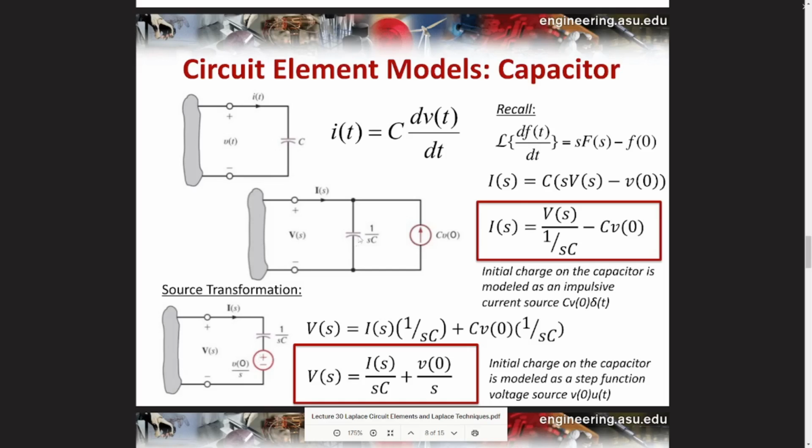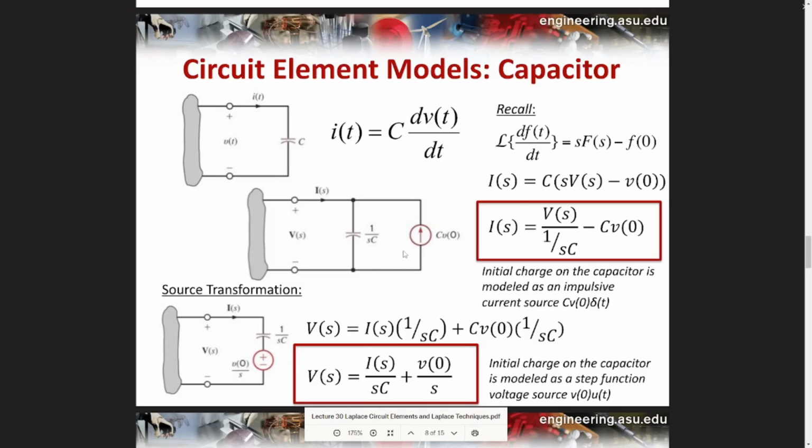And so it shouldn't really be too surprising that if you take a parallel current source and impedance, that's equivalent to a series voltage source and impedance just by source transformation. And algebraically, rearranging the equations leads us to that conclusion as well. So there's a little bit of semi-finicky math here, but the ultimate result is you can either draw the S-domain version of a capacitor in a series configuration or in a parallel configuration.